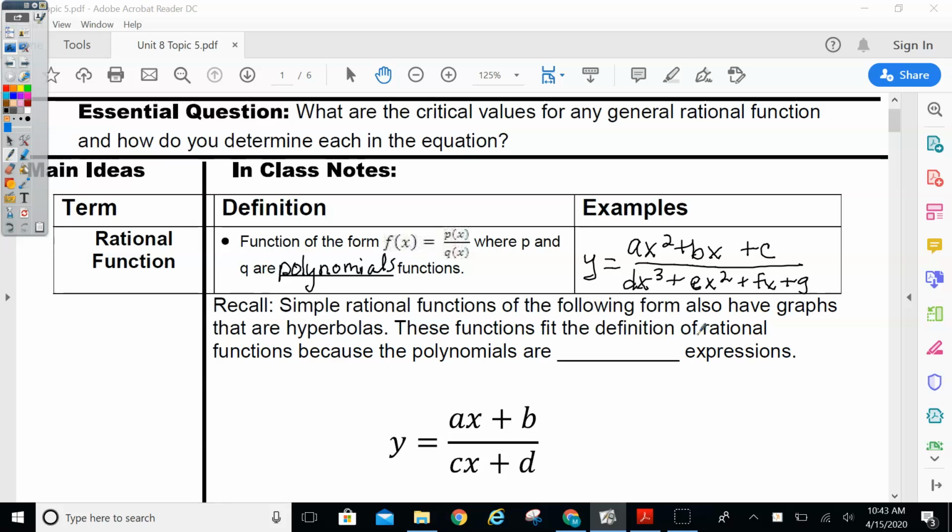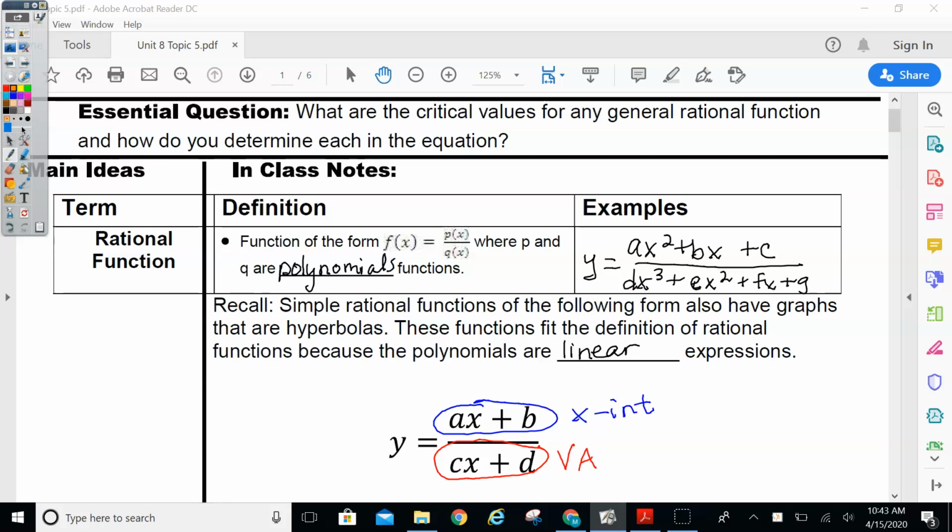So in simple rationals, we had the hyperbolas, and we were able to find the intercepts and the asymptotes here, and both were linear expressions. So y equals mx plus b, y equals mx plus b. If you recall, the denominator equal to 0 gives us the vertical asymptotes. The numerator equal to 0 gives us the x-intercepts.